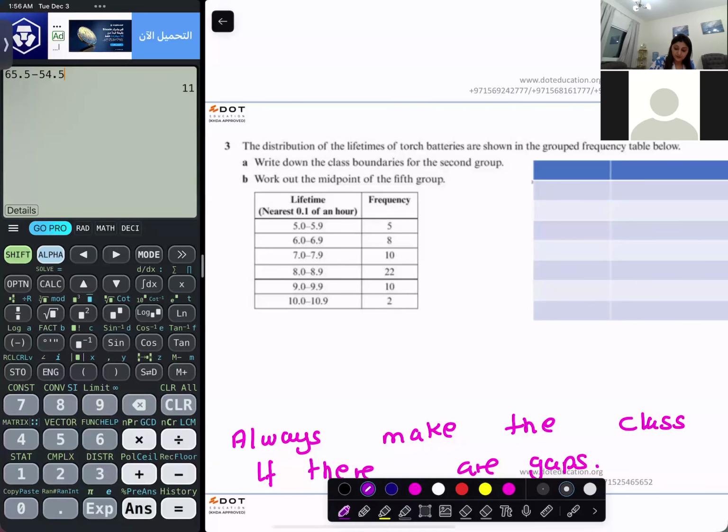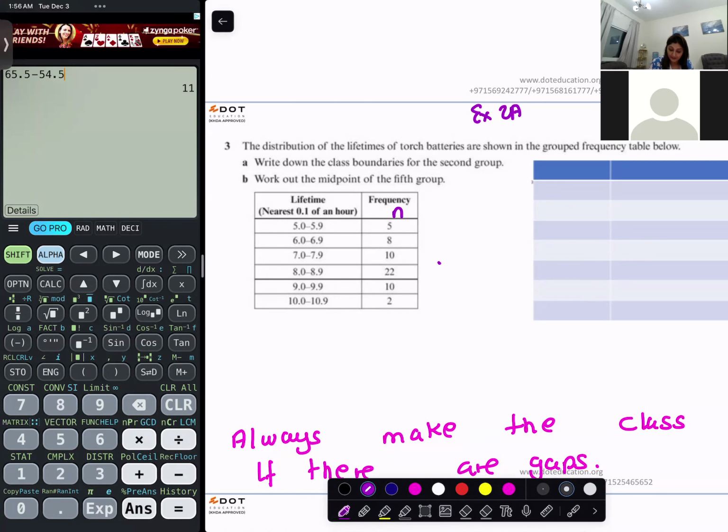Now you have question number 3 of exercise 2A. This is a grouped frequency table, and frequency is always my n, and I have lifetime to the nearest 0.1 of an hour. So this is the distribution of lifetime of torch batteries.